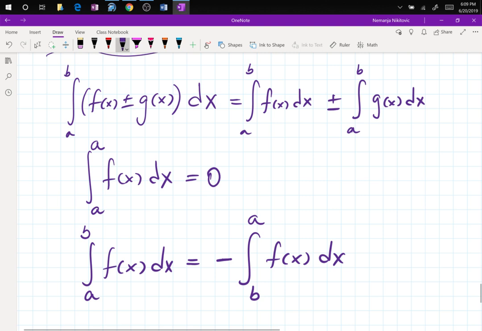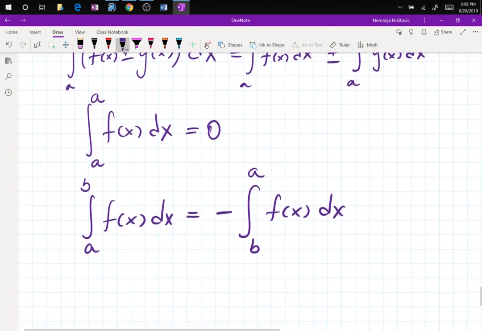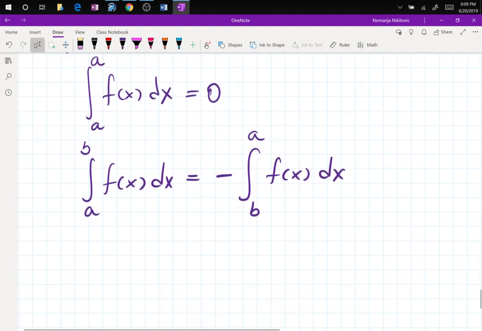And finally, the formula which allows us to calculate area under the curve if you have to split the integral. Now, I'm going to write this and then draw the picture to show it.